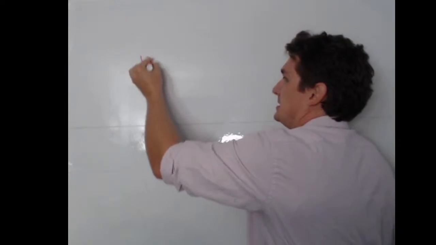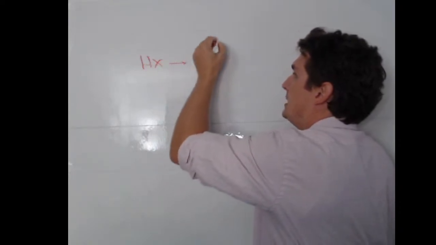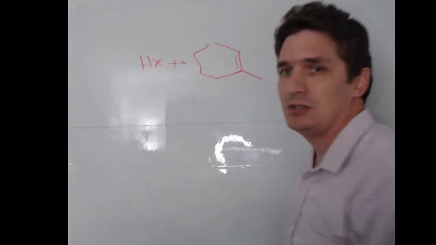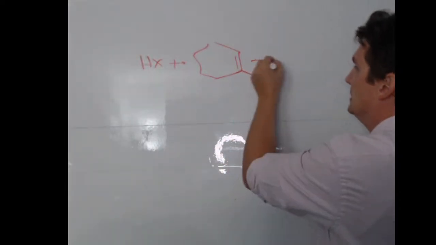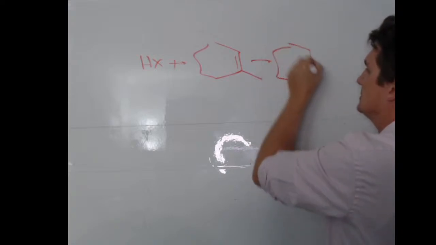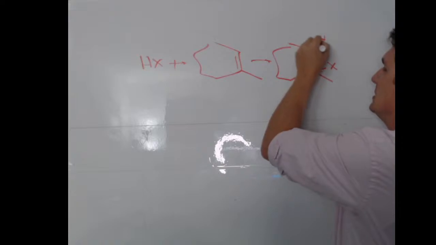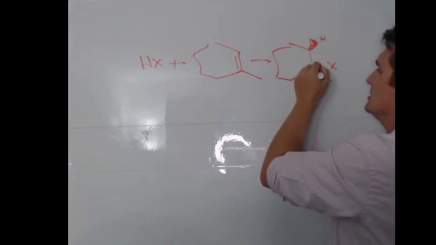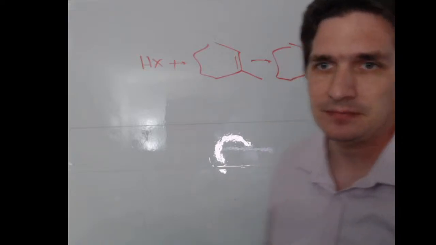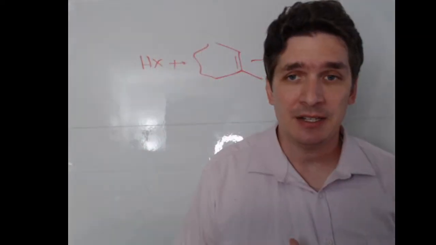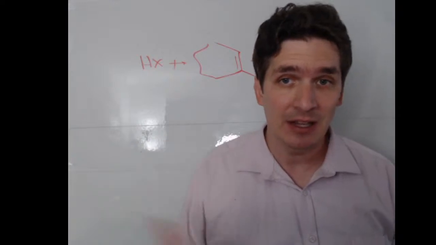So with HX addition, if you have a double bond, when we add these two together, X goes to the most substituted carbon, and then the hydrogen goes to the least substituted, and I think it's an anti-addition, so you're going to have both forms. Now, once you've learned the HX additions, and keep in mind, X can be a lot of things.